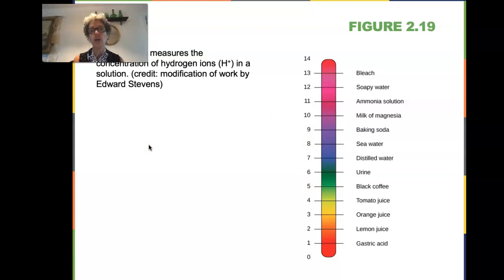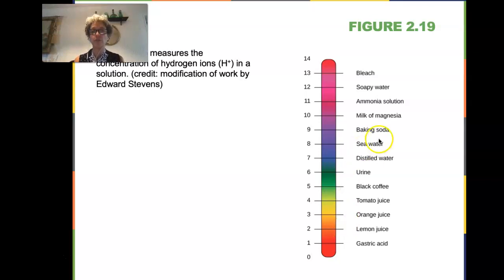So the pH is calculated by taking the negative log of that concentration of hydrogen ions. And so that's how we get a higher number with the alkaline when there's very low amounts of hydrogen ions, and a low number when there is a high amount of hydrogen ions. And as a reminder, each pH unit change is a 10-fold change in hydrogen ion concentration.